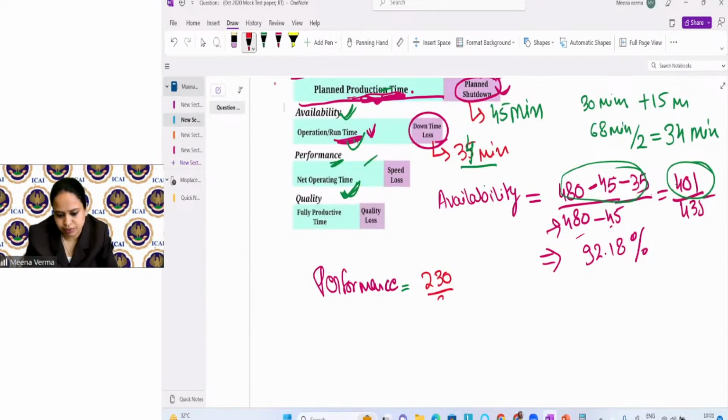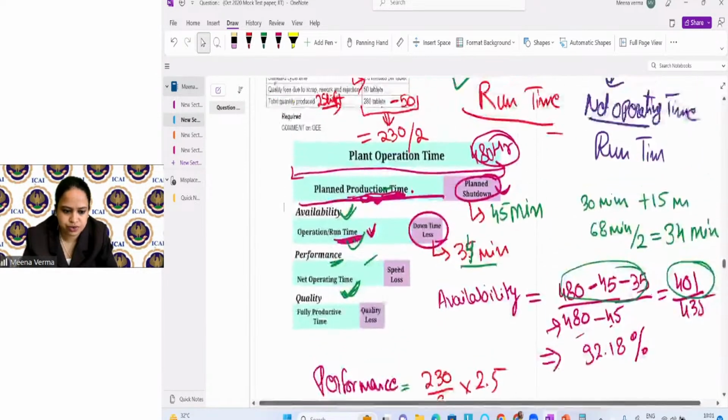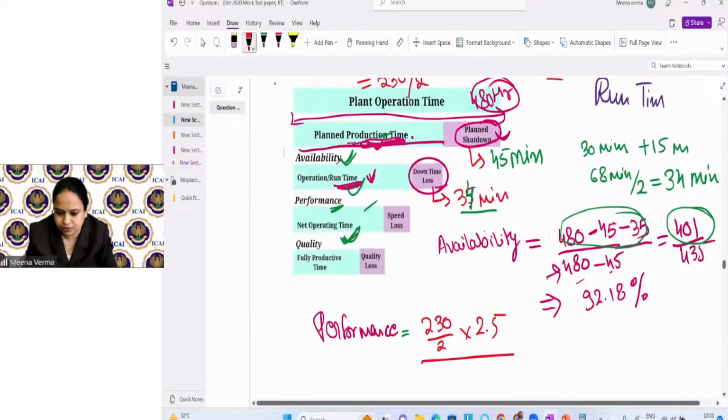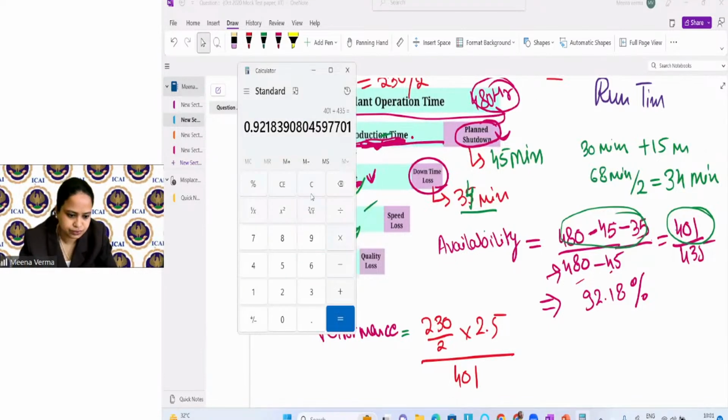230 divided by 2 into 2.5, divided by the total good units was your runtime. So 401. Solve it and you will get the answer. 230 divided by 2 is 115, into 2.5.